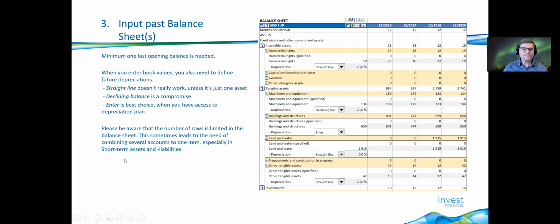And so straight line doesn't really work so well, because if you take the machinery and equipment as an example, we have many different machinery and equipment, and they have been purchased on different occasions, and they are in different stages of the depreciation plan.